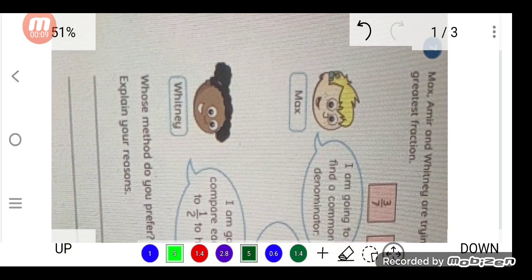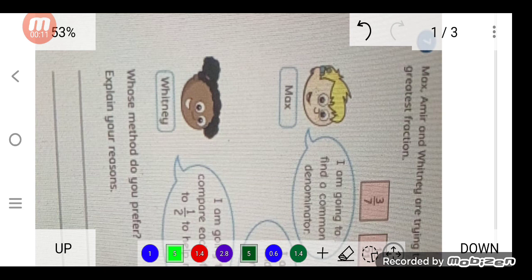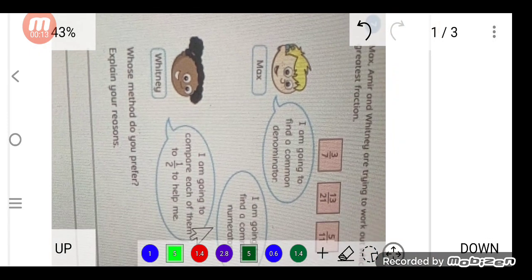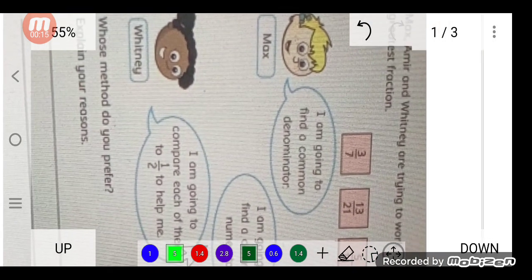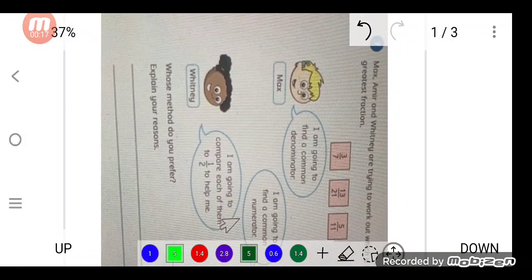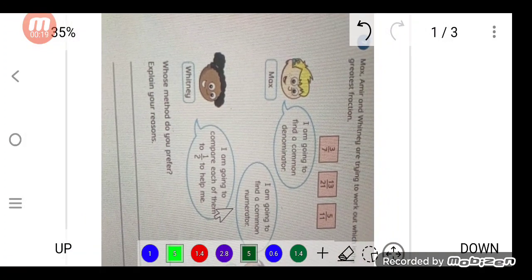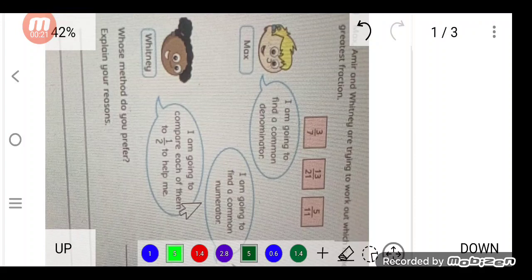Within few minutes, I will help you to solve these three questions in math. So here we have three people. Each one is suggesting a method to find the greatest fraction among the three fractions.